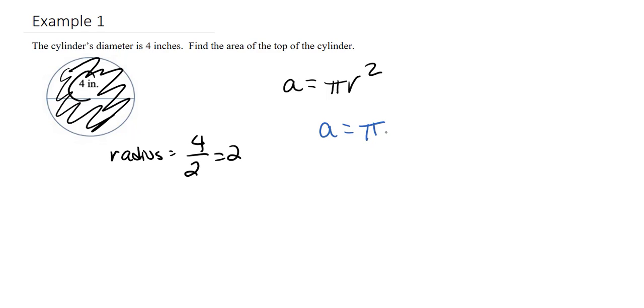Now, here's one thing. We can either put in pi in our calculator, or it can be 3.14. Walmart will take either answer. And if it doesn't, make sure you let the instructor know. So we have pi r squared, and what's the radius? Well, that's 2 squared.